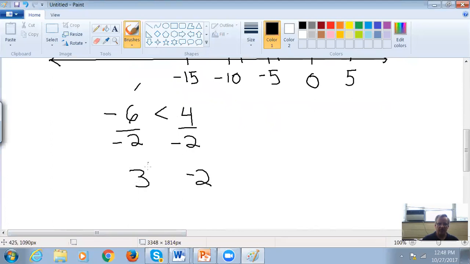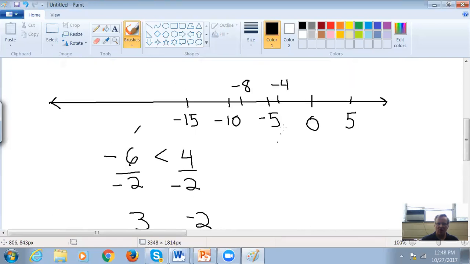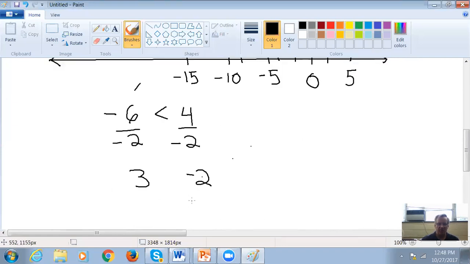Let's see, is 3 less than negative 2? And we could say, no way. If we go back to our number line, I've got my 3 here. I've got my negative 2 here. I don't really even need the number line. Any positive number is going to be bigger than any negative number, so I'm going to be in good shape. So I'm going to have to rewrite and flip my inequality sign.